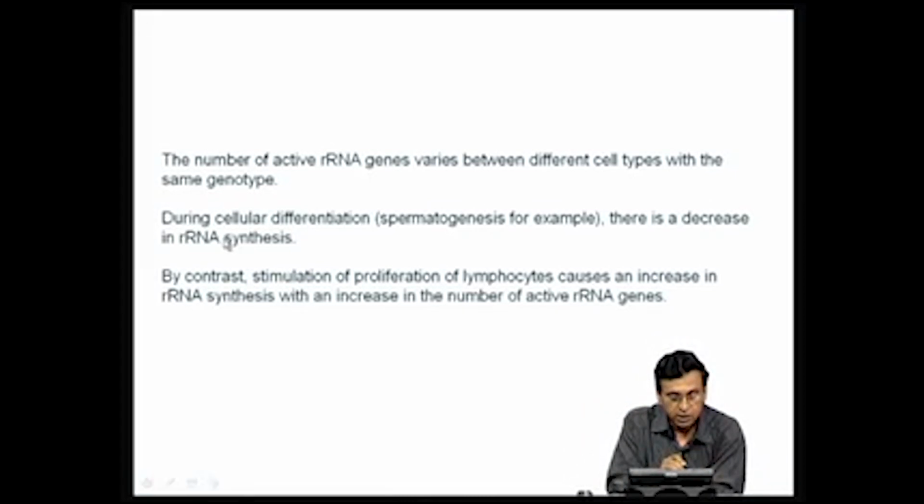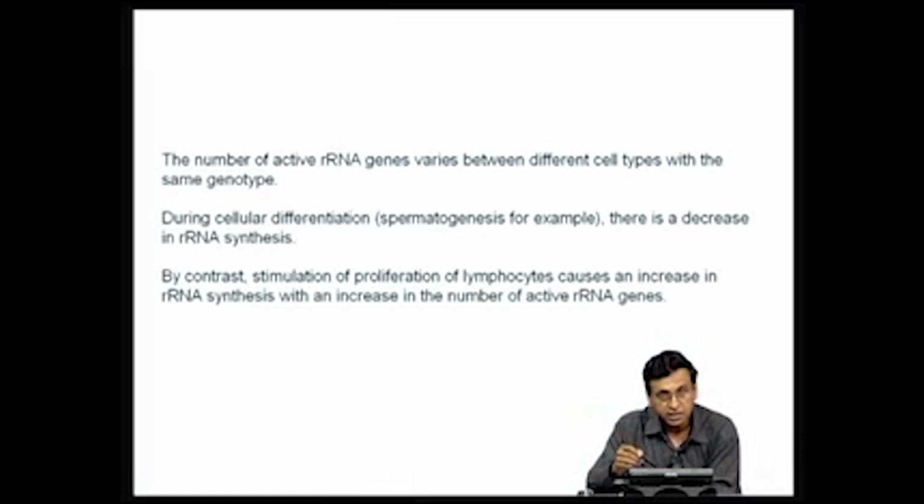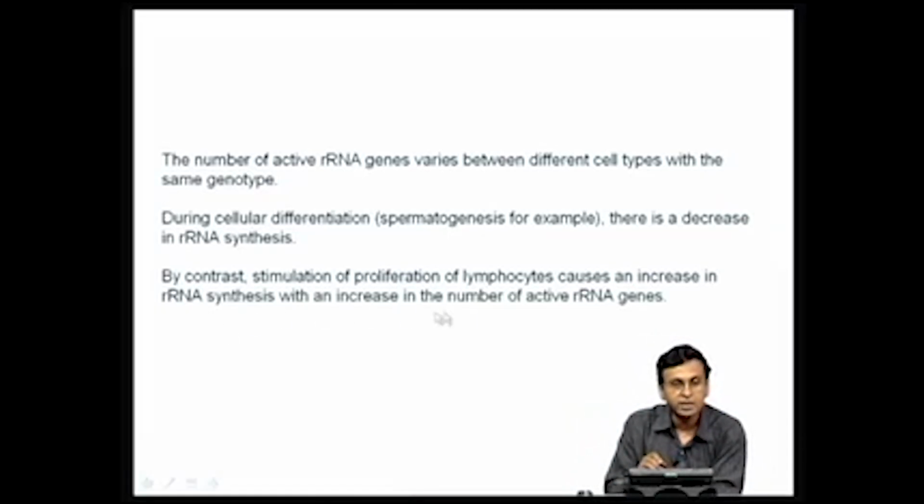Similarly, during cellular differentiation, for example spermatogenesis, there is a dramatic decrease in ribosomal RNA synthesis. In contrast, when you stimulate cell proliferation, for example if you take lymphocytes and add molecules like phytohemagglutinin (PHA), it enhances cell proliferation, and during such proliferation there is a dramatic increase in the number of rRNA genes transcribed as well as rRNA synthesis.